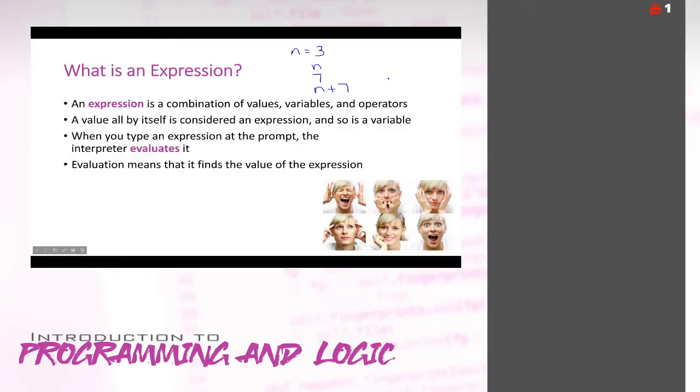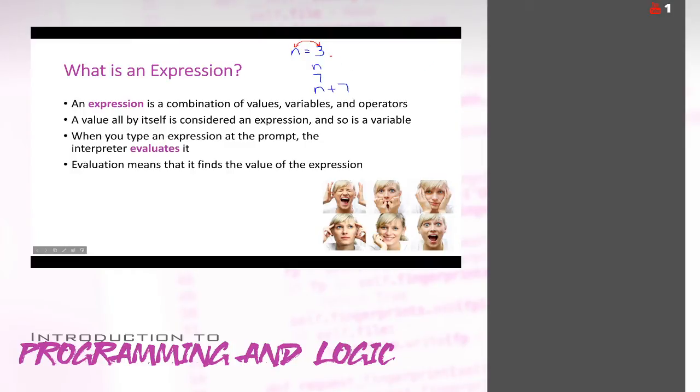So as our interpreter is going through our program and it's evaluating these expressions, we said earlier that this variable is a container, and we've named it n, and that n creates a symbolic link between this name here and the value that's in this container.